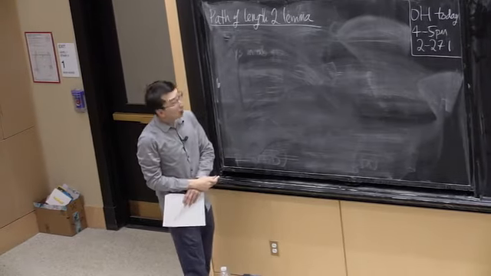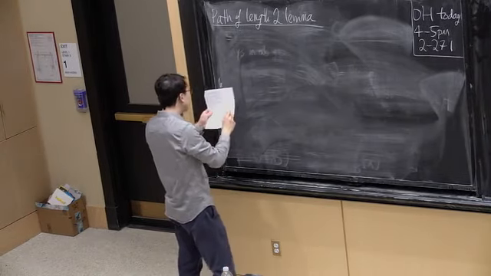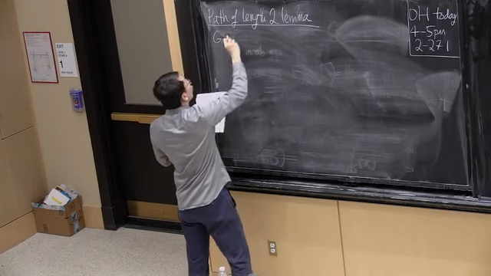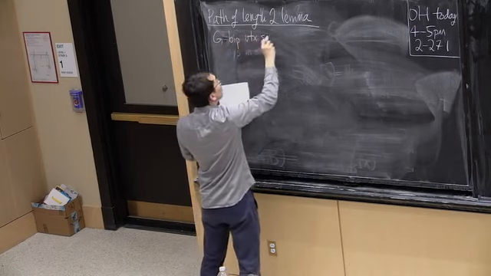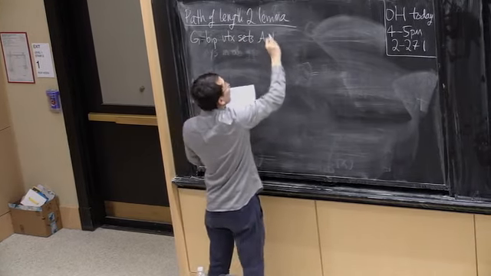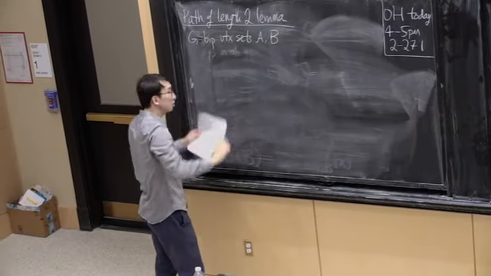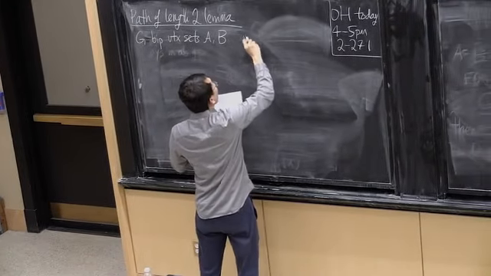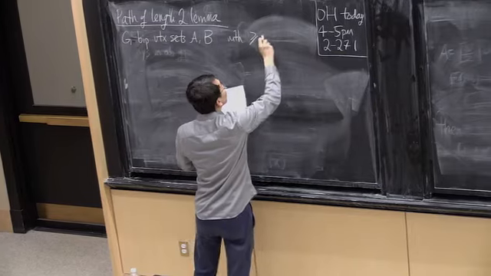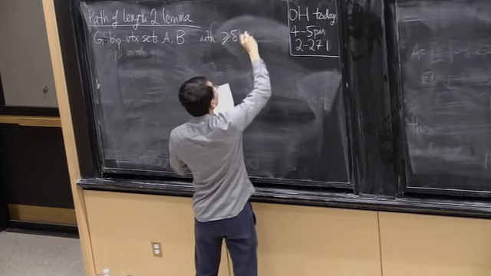So in the path of length 2 lemma, the statement is that you start with a graph G, which is a bipartite graph between vertex sets A and B. And now A and B are just vertex sets. We're not going to have sums. And the number of edges is at least a constant fraction of the maximum possible.